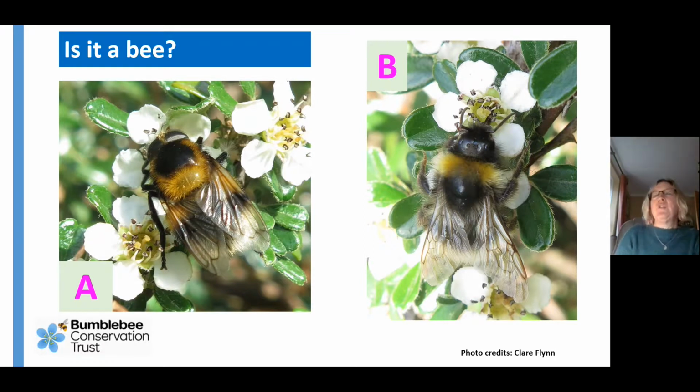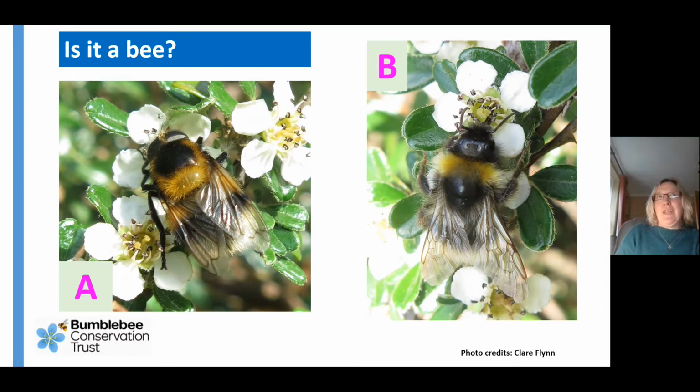And here we have two photographs taken on the same plant, Cotoneaster, in Pembrokeshire on the same summer's day. And you can see that these two insects look very similar. If you have done bee spotting before, you can hopefully tell which one of these is a bumblebee and which one isn't. If you're completely new, superficially, these two insects can be easily mistaken and confused for each other in the field.